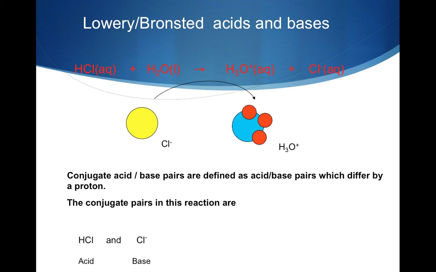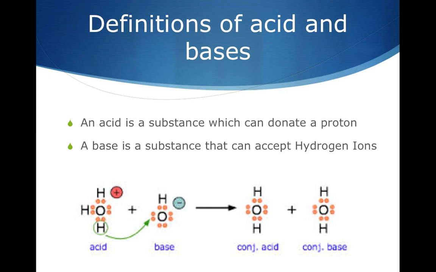And again, they differ by just one H+. So in each acid-base reaction, you've got two different conjugate pairs of acids and bases. Okay, so our basic definition is that an acid is a substance which donates a proton. A base is a substance that accepts a proton. And you can use hydrogen ion or proton, either is fine, interchangeable because it means the same thing.